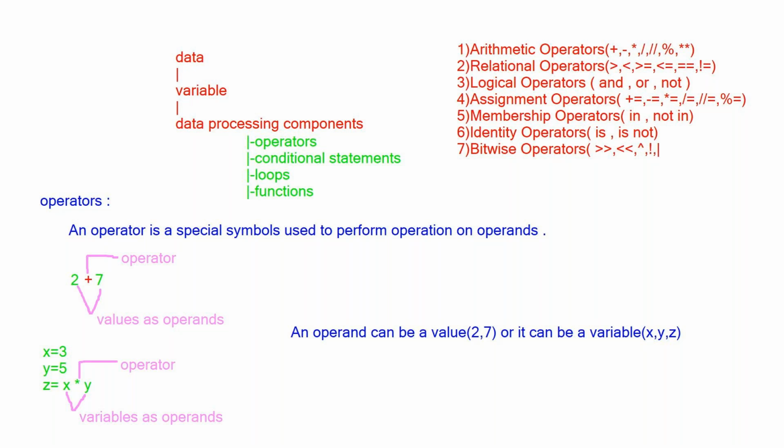So totally, Python supports seven types of operators.